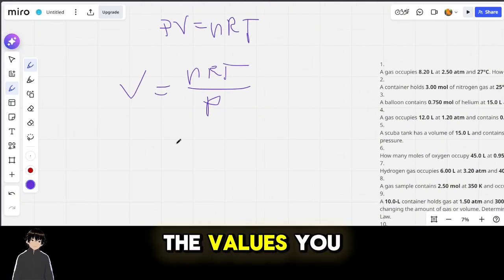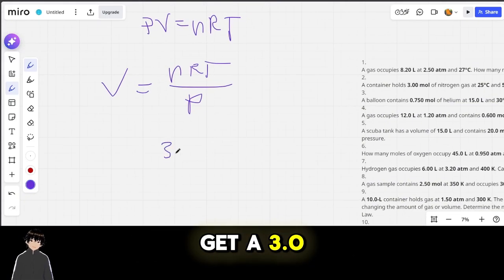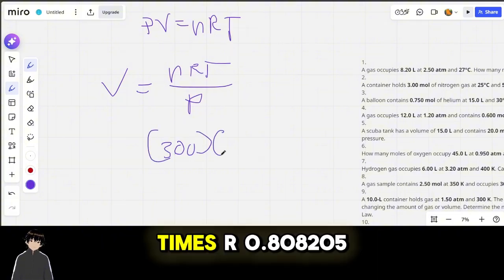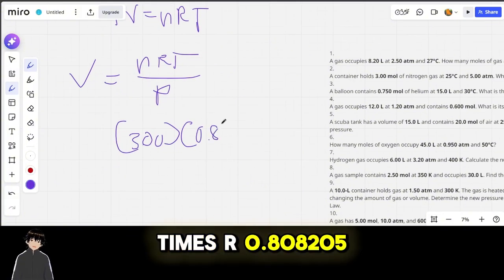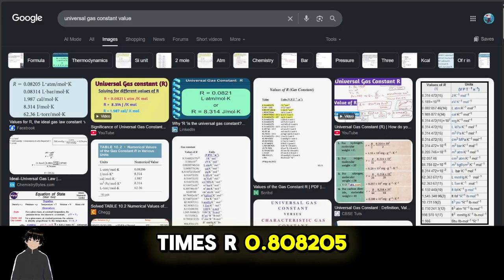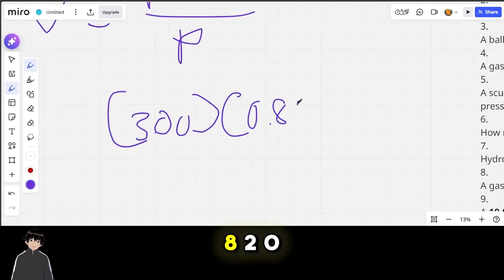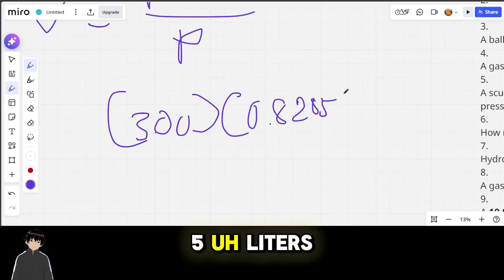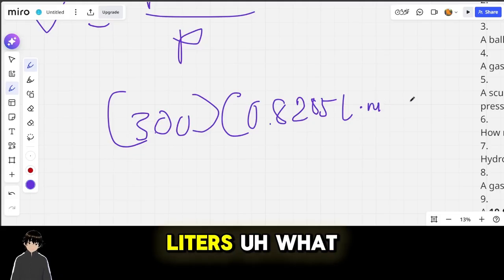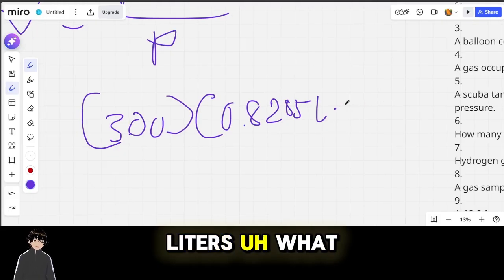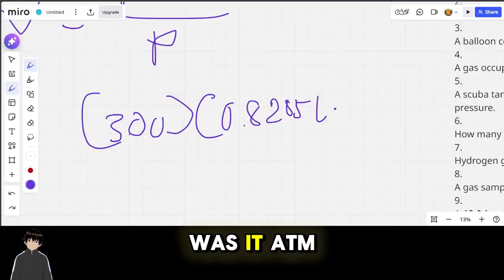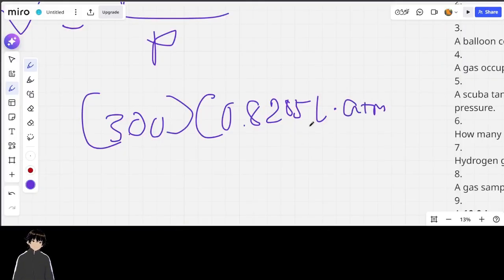So then substitute the values. You get 3.0 times R, 0.08205 liters atm per mole.